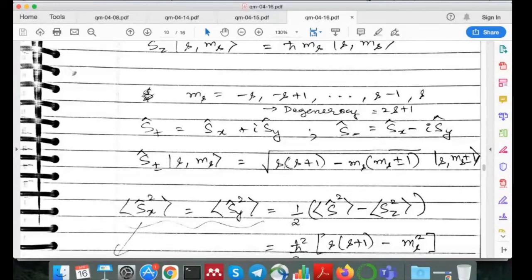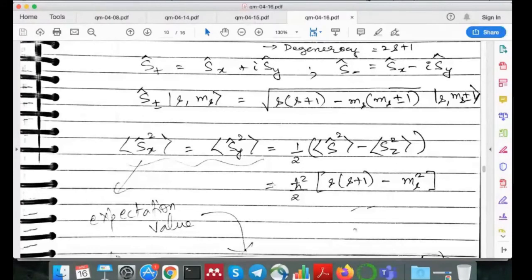You will get the eigenvalue as the square root of s(s+1) - ms(ms±1), and the state changes from |s, ms⟩ to |s, ms±1⟩. So for the S+ ladder operator, you are going one level up in the ms state, and for the S- ladder operator, you're going one level down in the ms state, from |s, ms⟩ to |s, ms-1⟩. All right, so these are your operators.